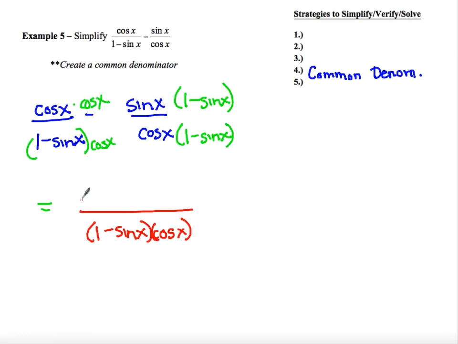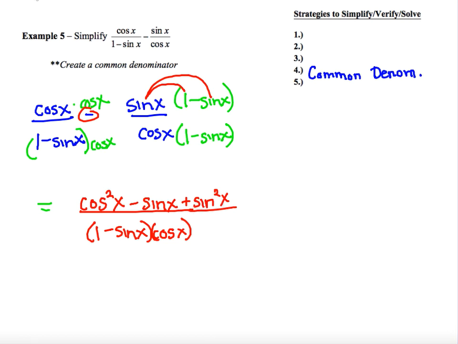My first fraction in the numerator turns out to be the cosine squared. Now I'm subtracting here, so watch out for that. Sine times 1, so that's minus the sine. And then sine times a negative sine would be negative sine squared, but remember I'm subtracting that, so that's going to be plus a sine squared.